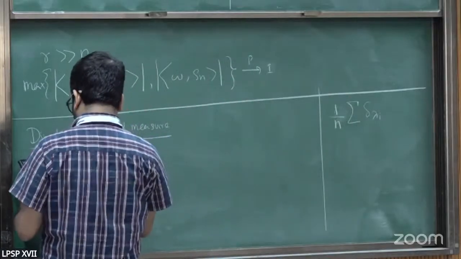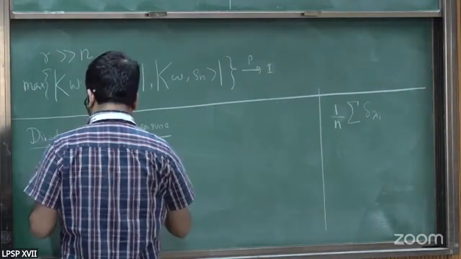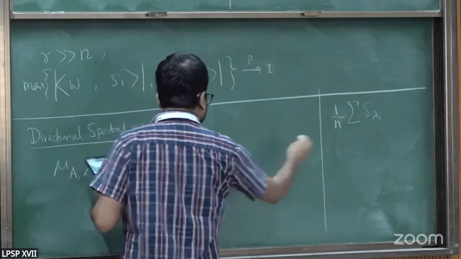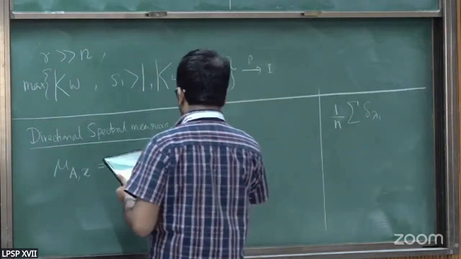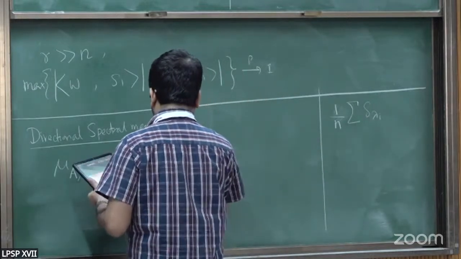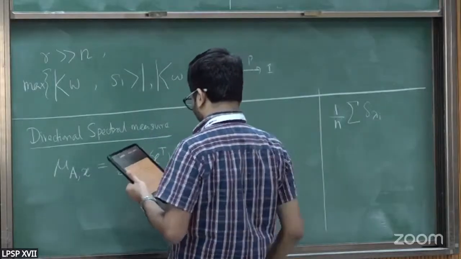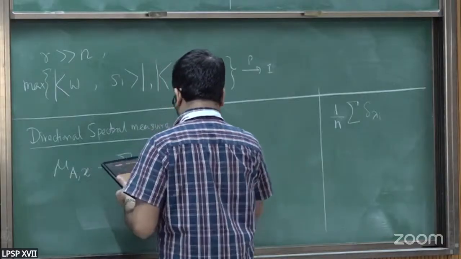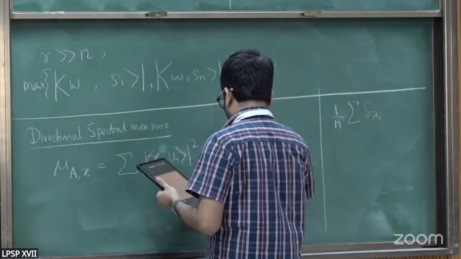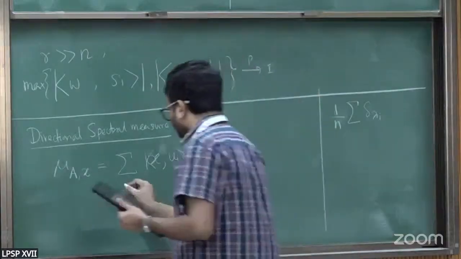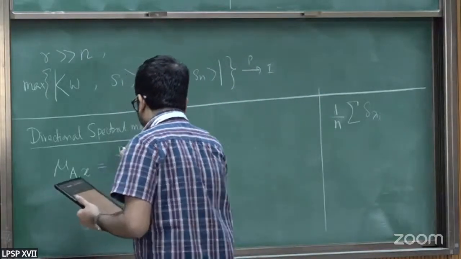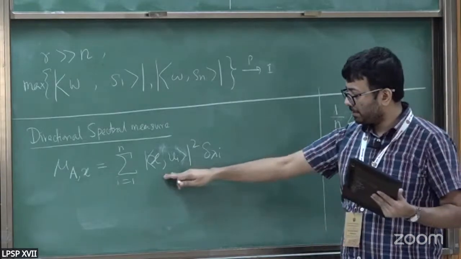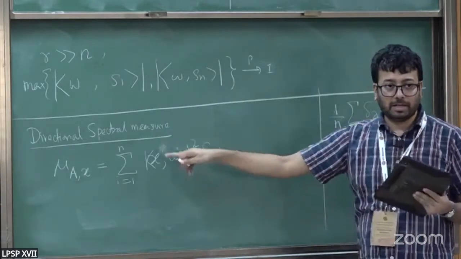I fix a direction x, and the weight given to lambda_i is the energy of the eigenvector in the direction x, squared. So the directional spectral measure also contains information about the eigenvectors.